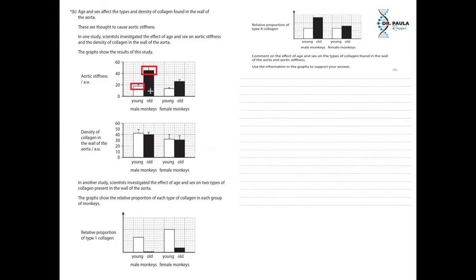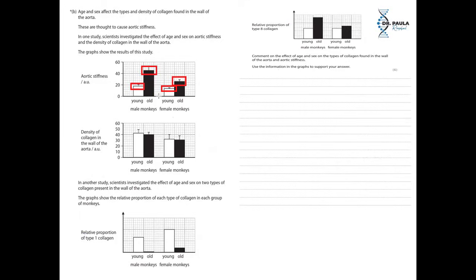So the old male monkeys have more stiffness than the young male monkeys, while female old monkeys have higher stiffness than the young female monkeys, which confirmed the same idea that age affects the stiffness. Yes, it increases the stiffness. But what about the sex?